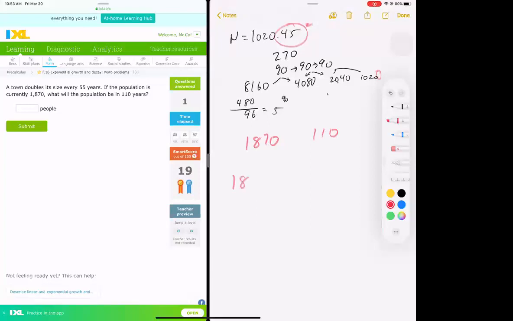So if we start with 1870, after 55 years, we end up doubling to 3740. And then after another 55 years, we would end up at 7480.